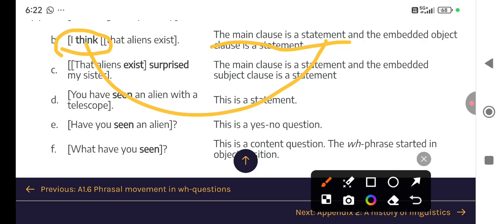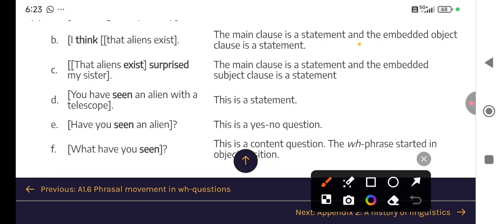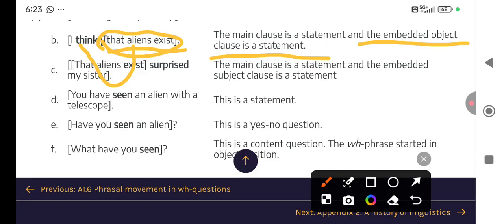And the embedded object clause is a statement. This is embedded, this is dependent on the main clause. That is why this whole group of words is an embedded clause, the object of this sentence.